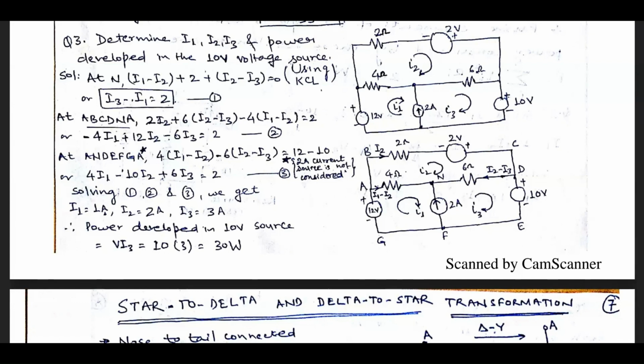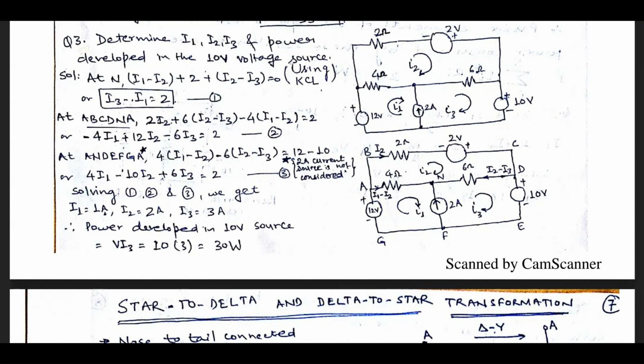First of all, we will assign the nodes to the circuit. Sometimes you may also give letters to the vertices of the diagram, but that should not be confused with a node.